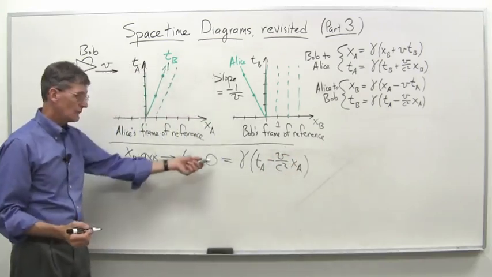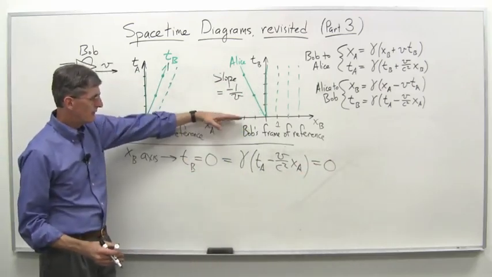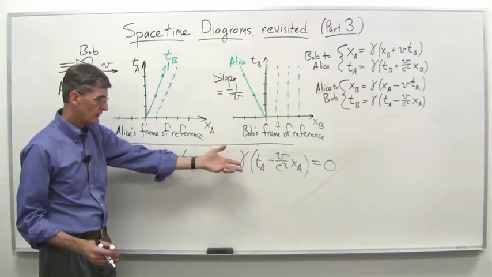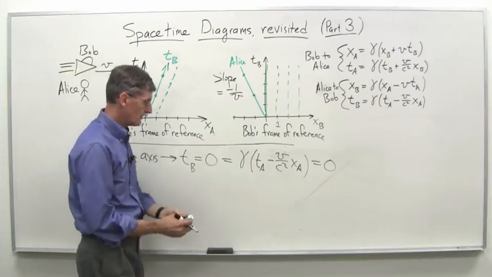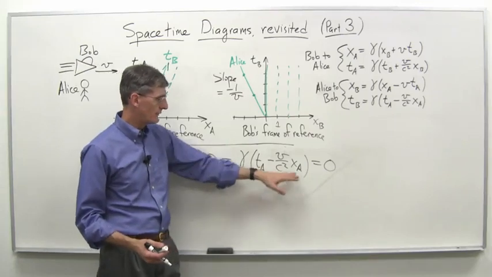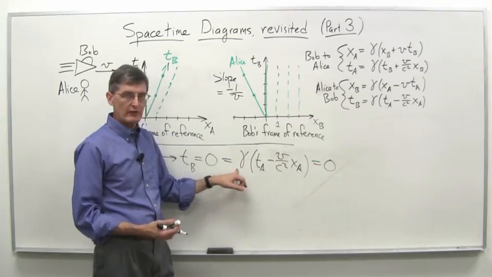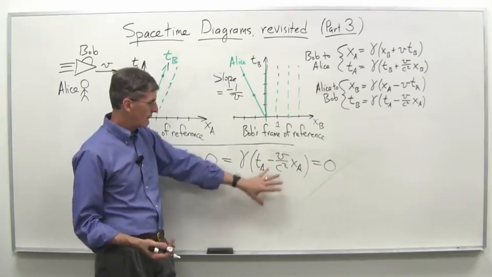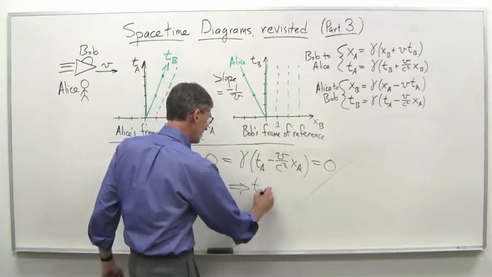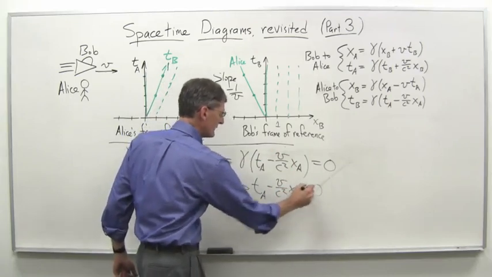Again, we'll say that equals 0, because for this special case, tb equals 0, the x sub b axis, we can solve this equation for xa in terms of ta. In fact, we won't multiply it out this time, because we should be able to see that if I've got something times something equals 0, that means either this is 0 or this is 0. Clearly, gamma is not 0. It's greater than or equal to 1. That means this must be equal to 0. So this implies that ta minus v over c squared xa equals 0.